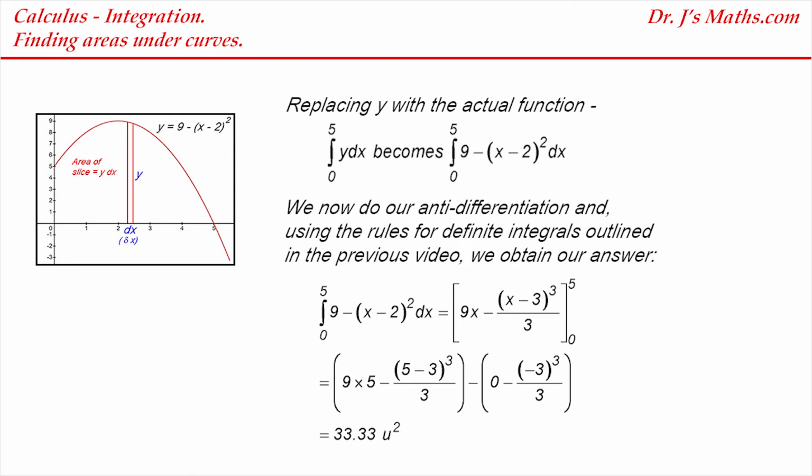Then we substitute the 5 in, so it's 9 times 5 minus (5 minus 3) all cubed over 3. And then in brackets minus, now we substitute the 0 in for x and we get 9 times 0, which is 0, minus (0 minus 3), which is minus 3, all cubed over 3. Put that in your calculator and you get 33.33 units squared, which is the area under that curve to the right of the y-axis and above the x-axis.